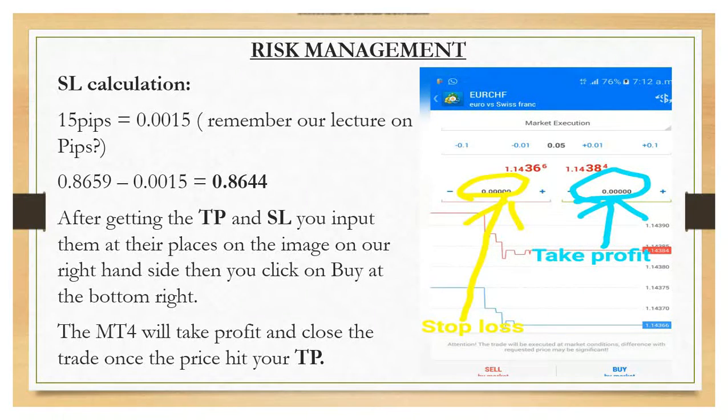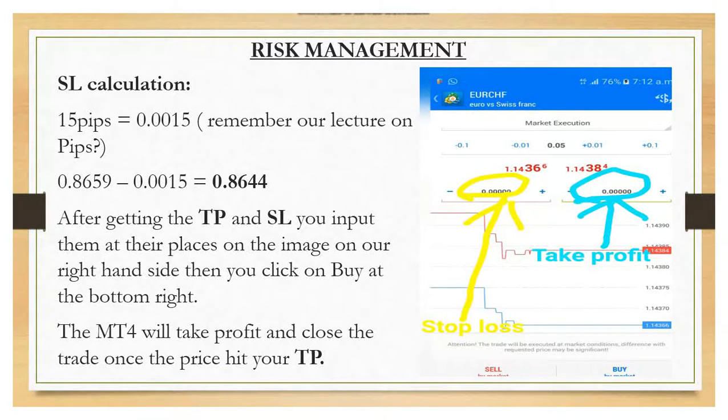We did the lecture on that, so let's come back. 0.8659, that is the current price of the Euro GBP, minus 0.0015 equals 0.8644.